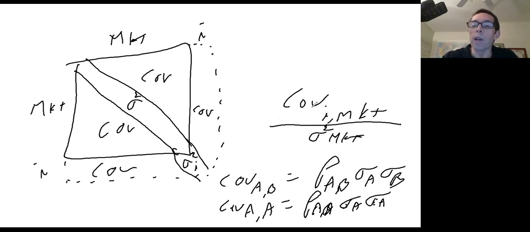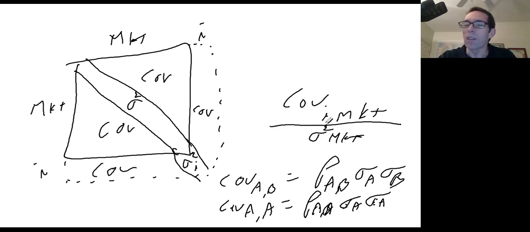In the numerator, we've got stock I's covariance with the market. So if stock I has a higher than average covariance with the market, this ratio will be greater than 1. If stock I has a lower than average covariance with the market, this ratio is going to be less than 1. So this is kind of important to us.